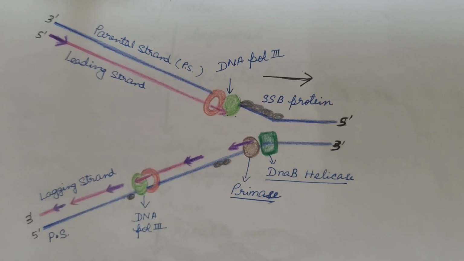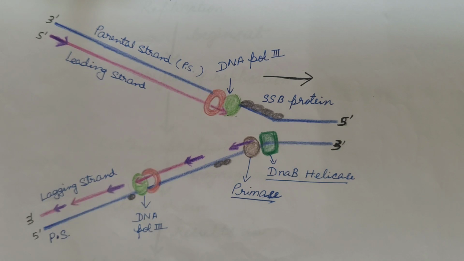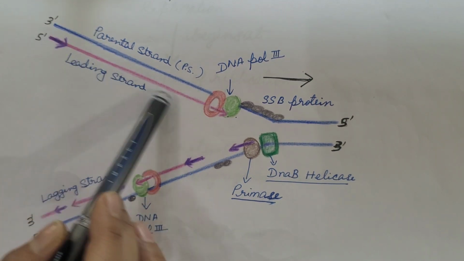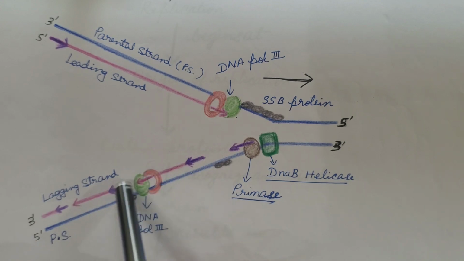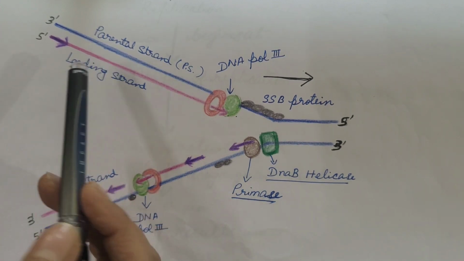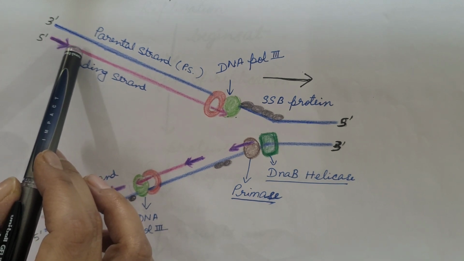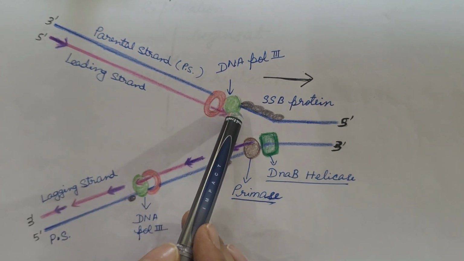So till now, what we have learnt is that the new strand is always synthesized in the 5' to 3' direction, or in other words, DNA polymerase adds nucleotides to the 3' end of a primer or growing DNA strand.